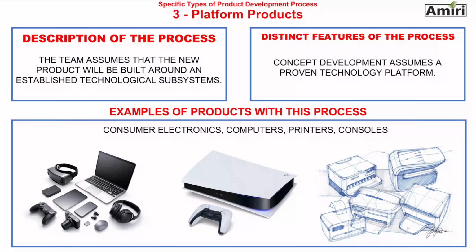Again, gaming consoles are a good example. There is a variety of products that all work with each other to make that gaming console, and you can buy accessories and add-ons. They're all working on the same platform.